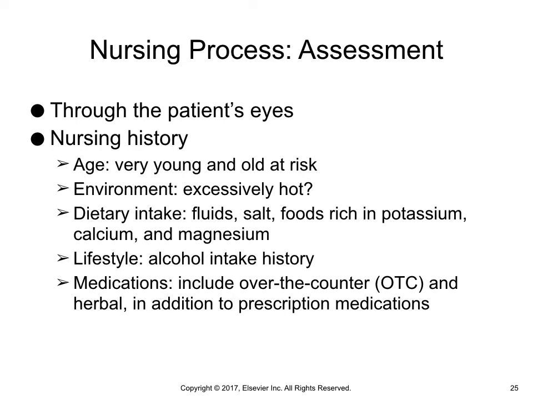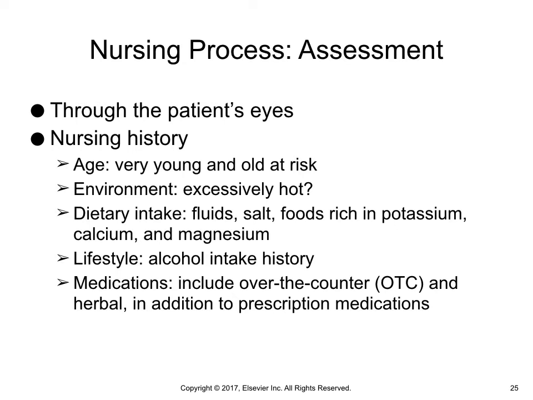Take an alcohol intake history. Chronic alcohol abuse commonly causes hypomagnesemia, in part because it increases renal magnesium excretion. Obtain a complete list of your patient's current medications, including over-the-counter and herbal preparations, to assess the risks for fluid, electrolyte, and acid-base imbalances.